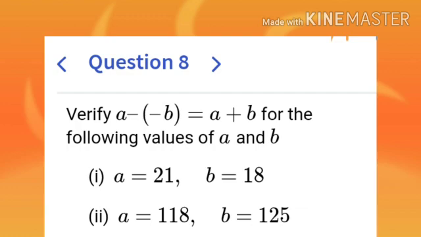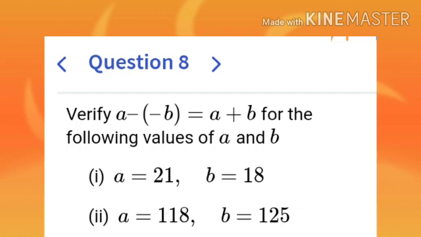I repeat, in this question we have to verify that a minus of minus b equals a plus b for the given pairs of values a and b. There are two subdivisions in the question. First subdivision, the value of a is 21 and b is 18.